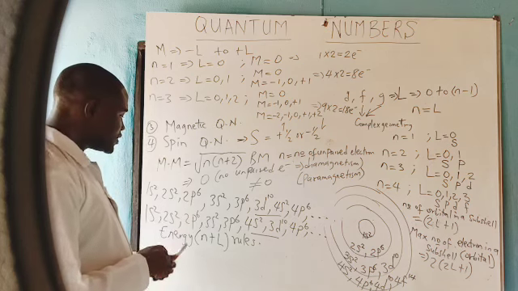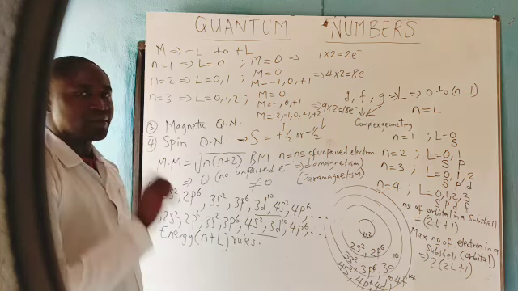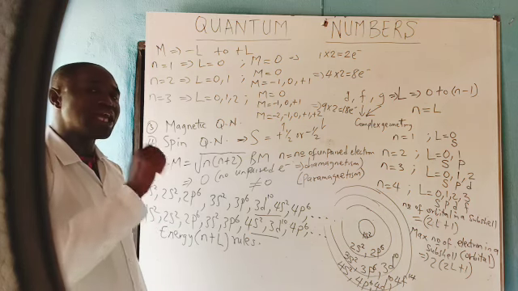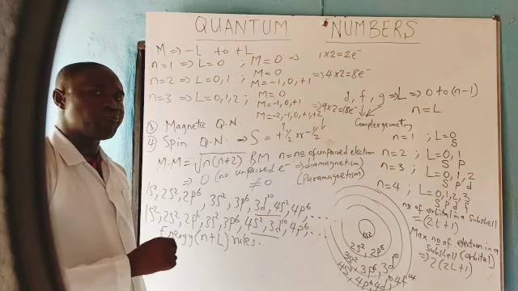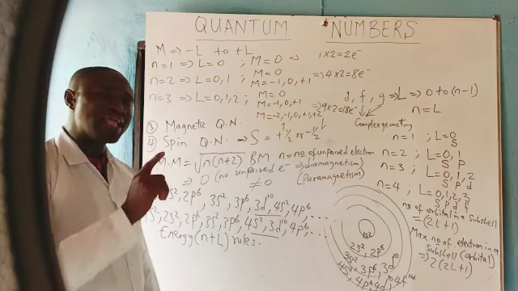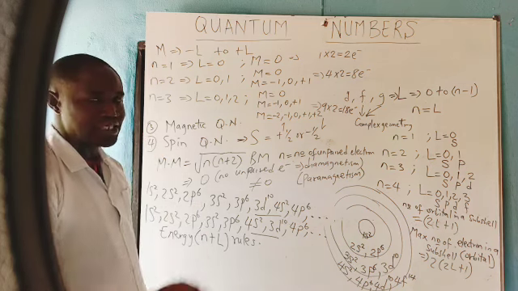What does this energy, or n plus l, rule state? It states that electrons will enter orbitals of lower energy first before entering orbitals with higher energy.